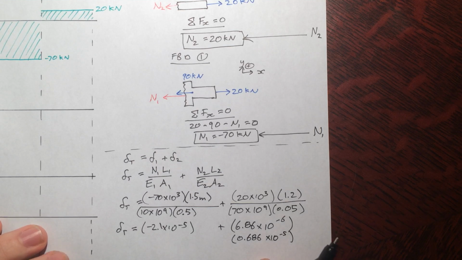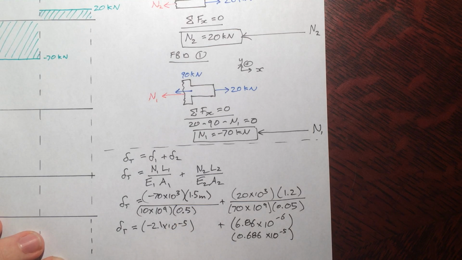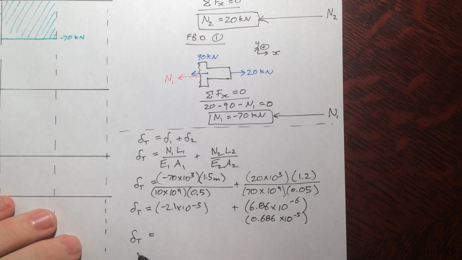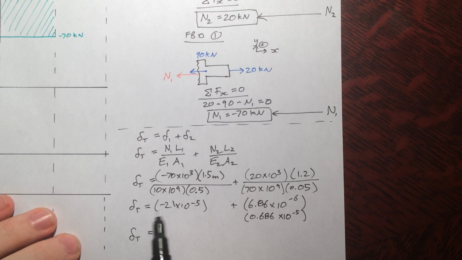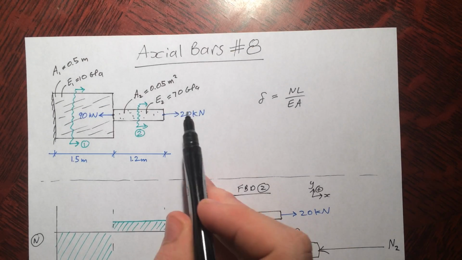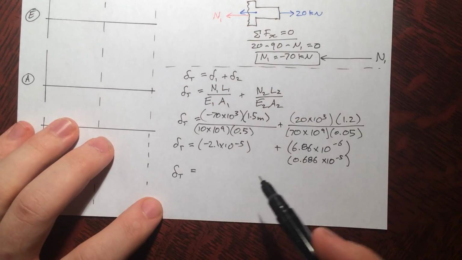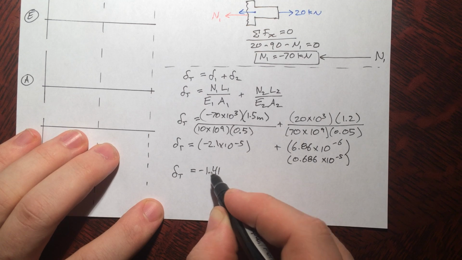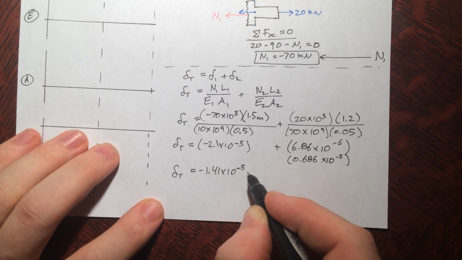That makes it easy because then we have everything in terms of 10 to the negative 5. And the total displacement, so the very end of this bar has moved the sum of these two: negative 1.41 times 10 to the minus 5 meters.